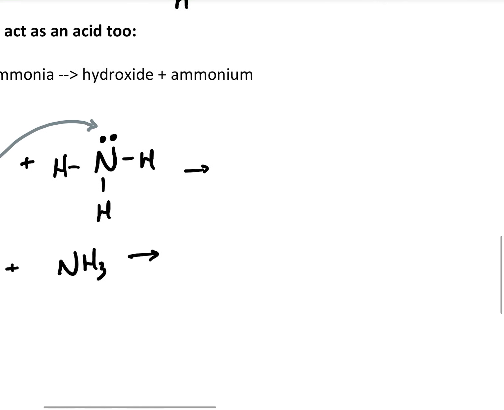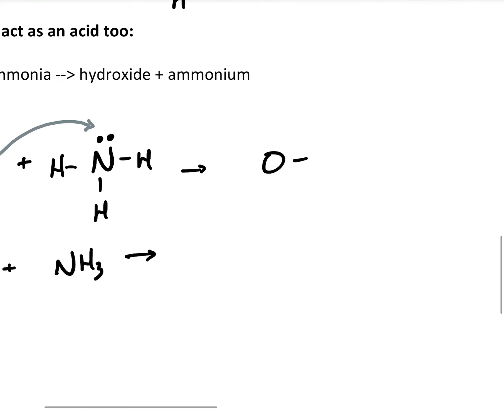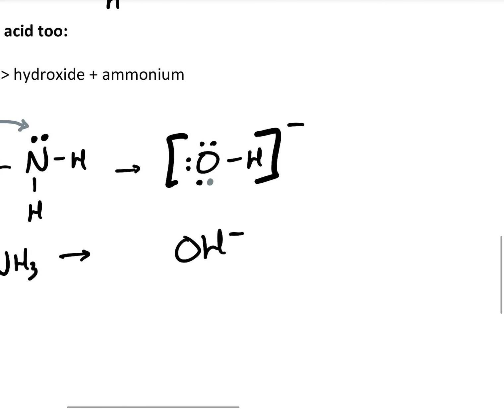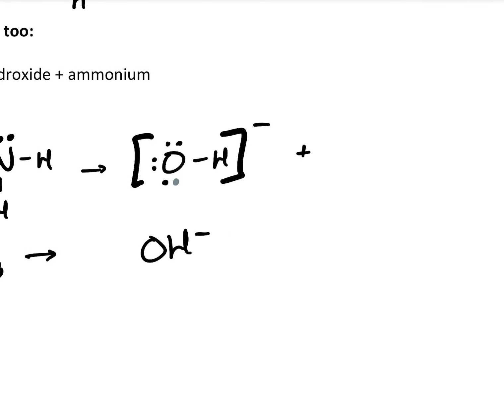And so what's going to happen is we get our hydroxide ion. So we've got our lone pairs. And I'm just going to draw that electron that got ripped off from that one hydrogen in gray, so it stands out. Okay, so now that's an ion, and we say that's a hydroxide ion, and we can just write that as OH minus in our chemical equation over here.